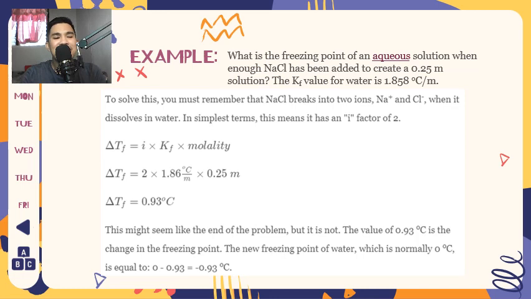So this might look like the end of the problem, but it is not. The value of 0.93 degrees Celsius is the change in the freezing point. The new freezing point of water, which is normally 0 degrees Celsius, is equal to 0 minus 0.93, which is equal to negative 0.93 degrees Celsius.